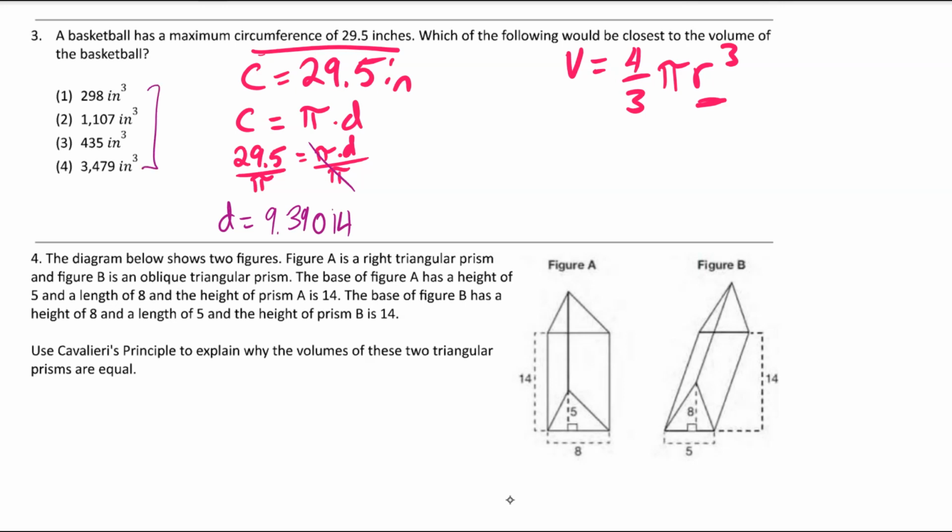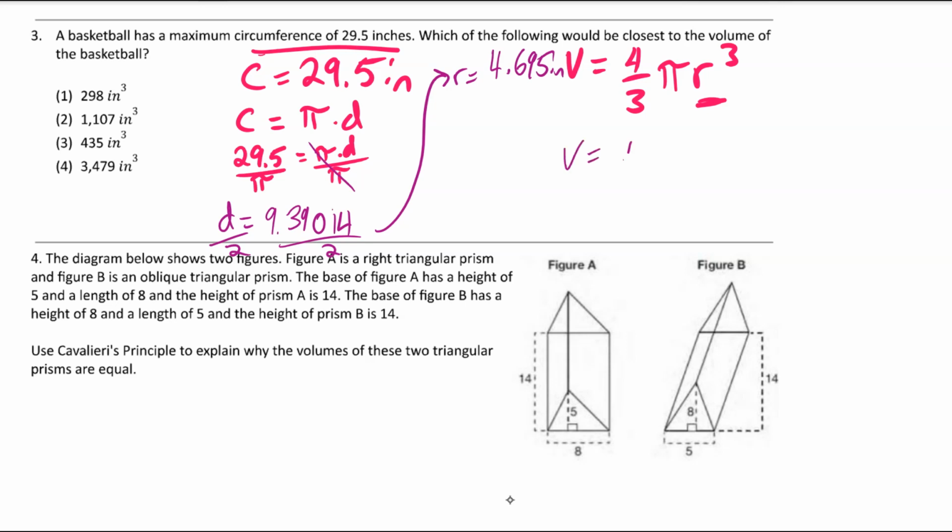I notice that none of my answers are particularly close, so I'm not even going to do any more decimal places. I'll divide this by 2 to get my radius, to find that my radius is about 4.695 inches.